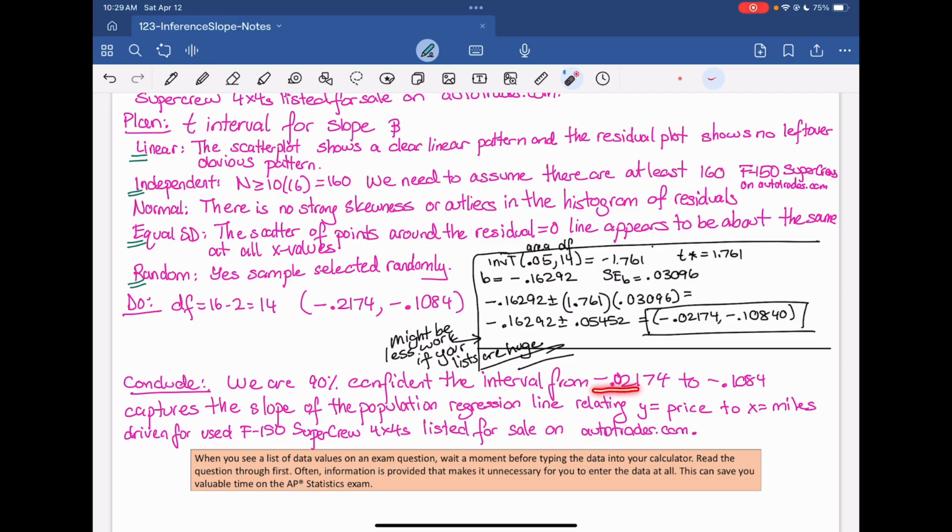Negative 0.02174 to negative 0.1084 captures the true slope of the population regression line relating y equals price in dollars to x equals miles driven for used F-150 SuperCrew 4x4s listed for sale on autotrader.com.